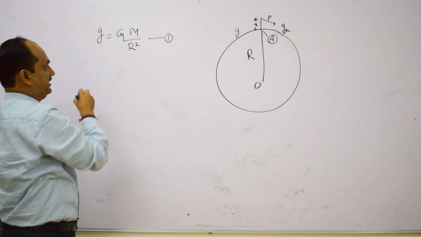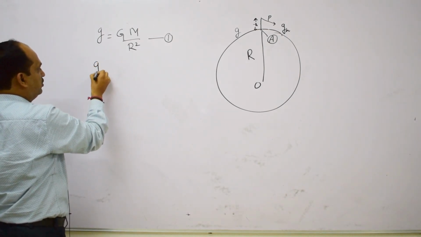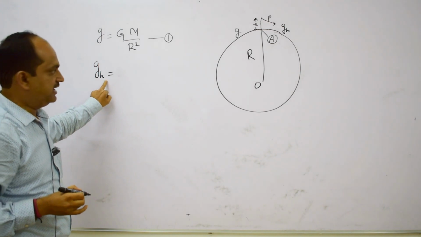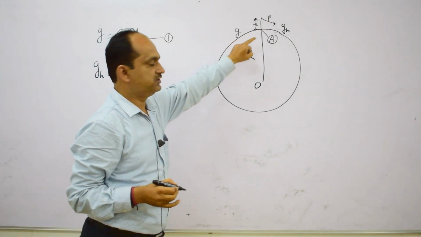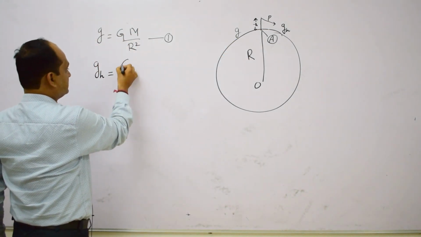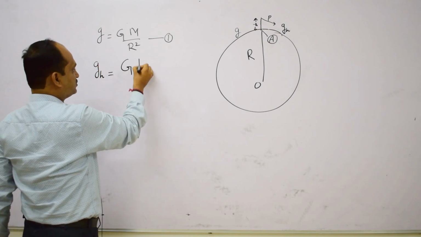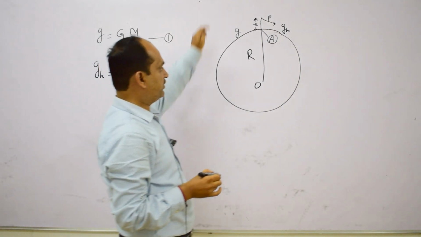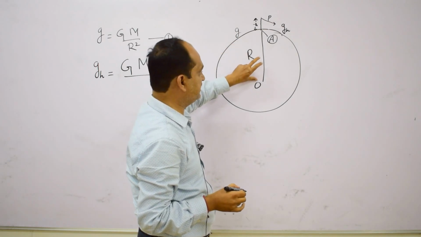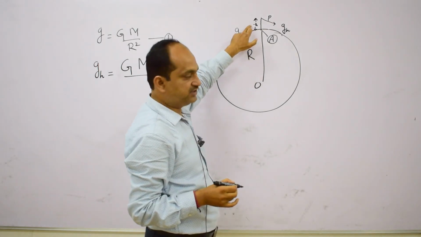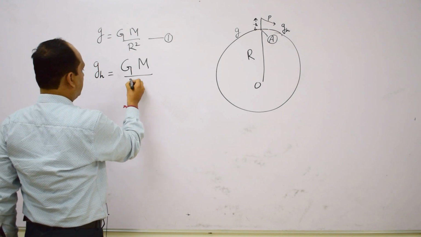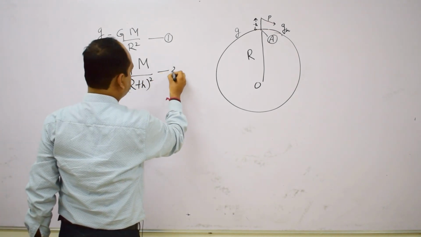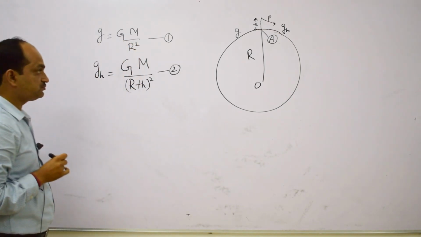Now at point P the value of g is gh due to height h from the surface of earth. Its value is G times the mass of earth upon the square of the distance. The distance from the center is R + h, so we have (R + h) whole square. This is equation number 2.